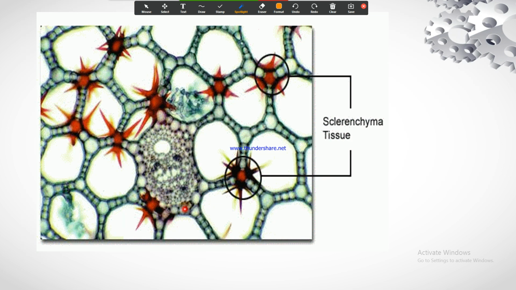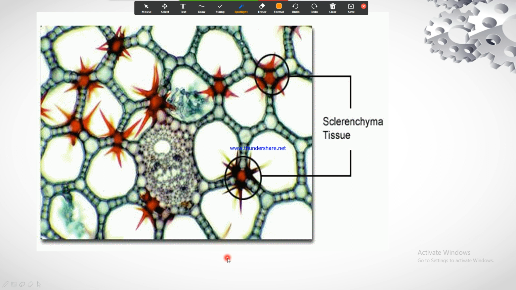This is the magnified view of the sclerenchyma tissue. You can check: 1 cell, 2, 3, 4, 5, many cells, and a group of cells is a tissue. There are no intercellular spaces. They are tightly packed, and because of that they provide hardness and stiffness to the plant body.